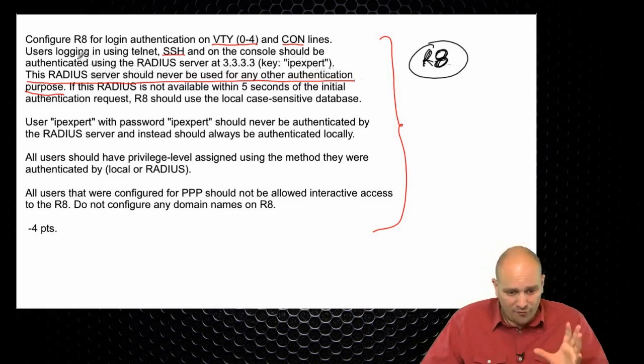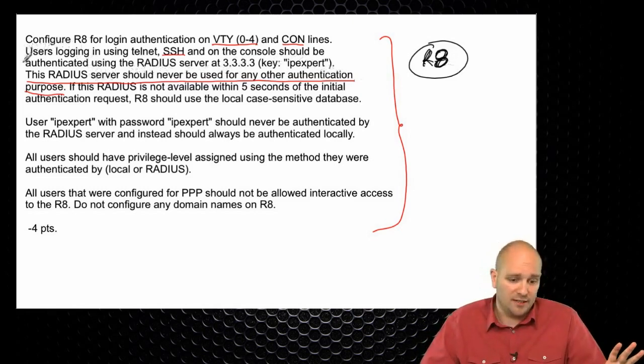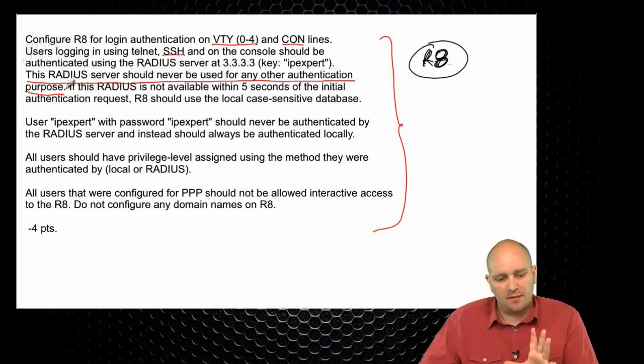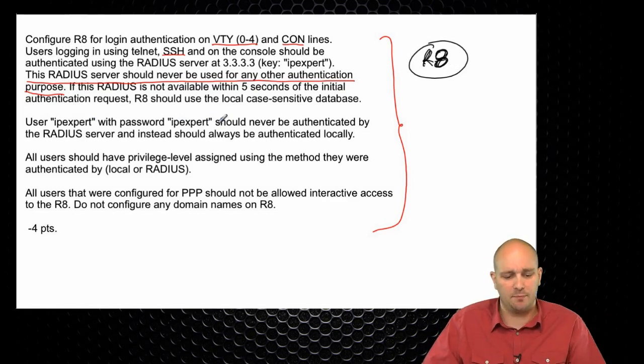So this takes care of actually defining the radius server that is not going to be used for any other authentication purpose. But here I now have to say, user IP expert with password IP expert should never be authenticated by the radius and instead should always be authenticated locally.